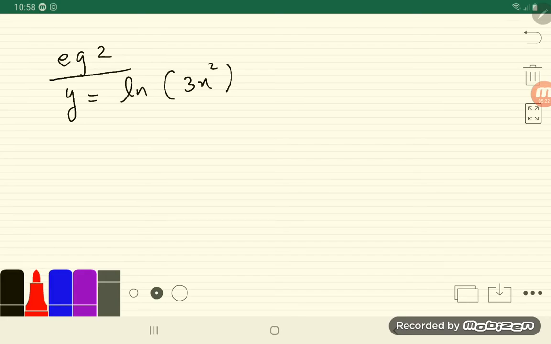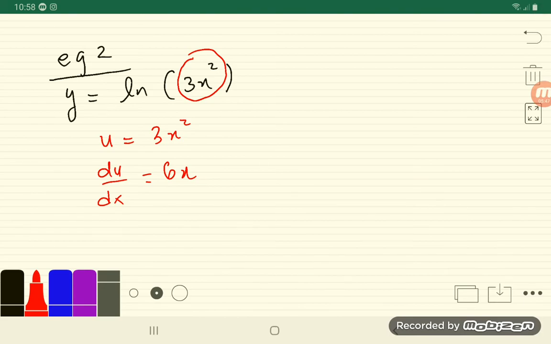Based on the formula, the value here is supposed to be u. So u equals 3x to the power of 2, so the value of du over dx will be equal to 6x. Okay, I suppose you already know how to differentiate this part. It is in your Mathematics 1.